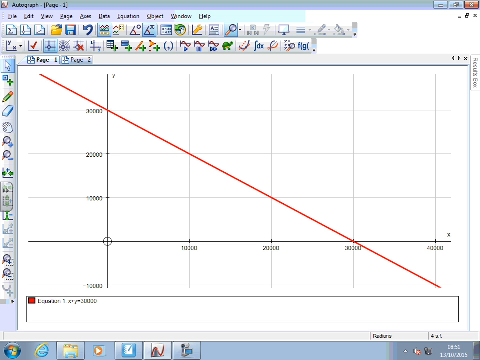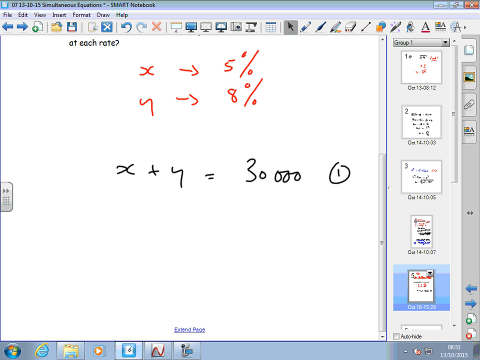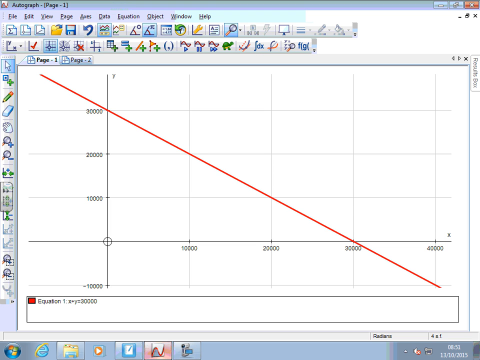So I've plotted that. But to be able to find x, how much she invests at 5%, say, I need to know y, and vice versa. I can't solve it. All I can do is plot that and say, well, it's somewhere along this line. What I need is another equation involving x and y.